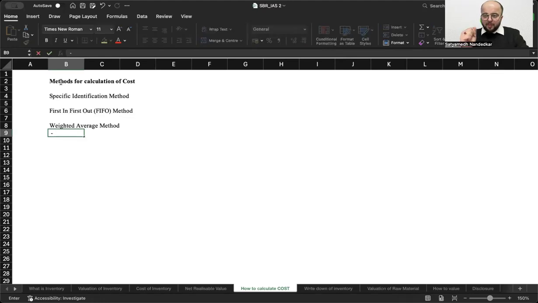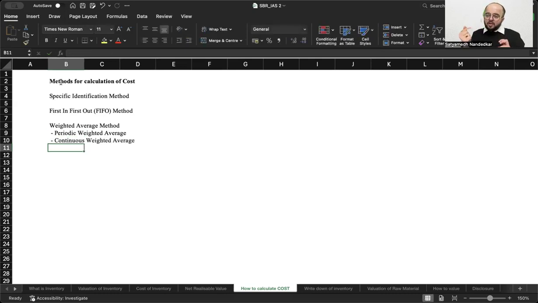There are two sub methods here. One is the periodic weighted average and the other one is continuous weighted average. In the continuous weighted average method, the average cost is calculated after every purchase. In the periodic weighted average method, the average cost is calculated only once towards the end of the year.